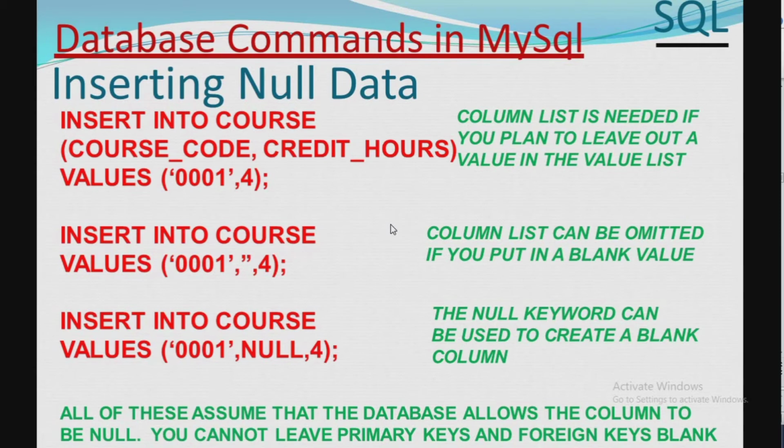And also the table should allow null value to the column. In the first insert query, we do not have course name. For that, we have to write the column list. In the second query, we are having a blank value for course name, and in the third, we are having a null value for course name.